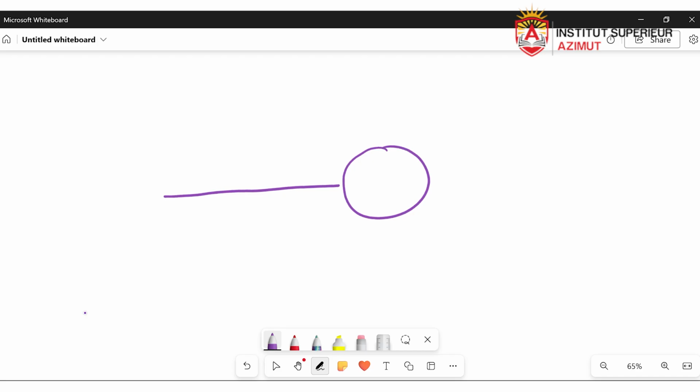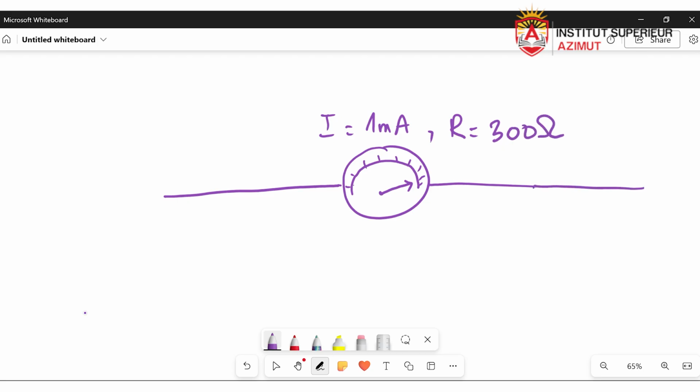So we have a galvanometer like this, and the full-scale deflection of the galvanometer is 1 milliampere. So the maximum current that should flow on this galvanometer is 1 milliampere, and the resistance of the galvanometer is 300 ohms. We want it to be able to measure current of 3 amperes.